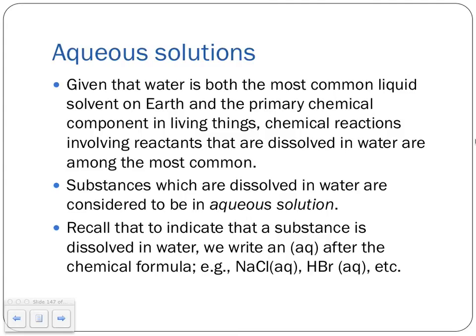So chemical reactions that do involve reactants dissolved in water are among the most common. And whenever we talk about these types of reactions, we need to remember something that we said back in the chemical nomenclature unit, which is that when we talk about substances which are dissolved in water, we don't really classify them in terms of our phase notation, solid, liquid, or gas, but instead we say they're an aqueous solution, a special name that's given for substances dissolved in water.